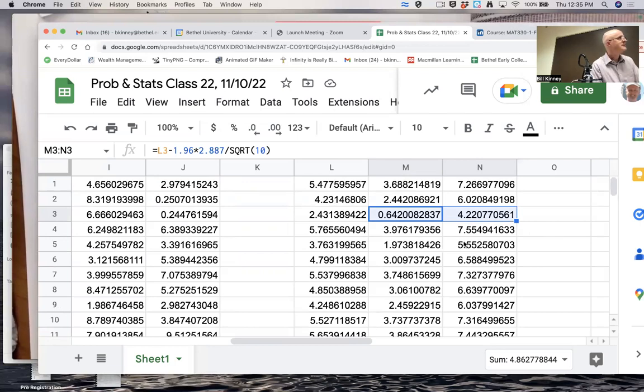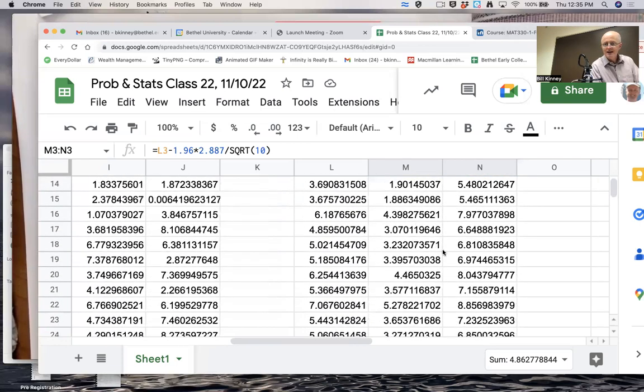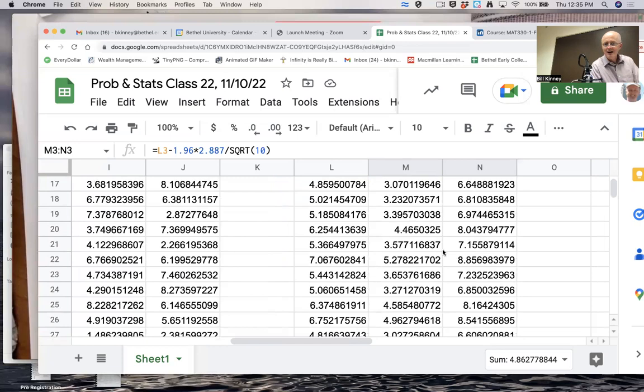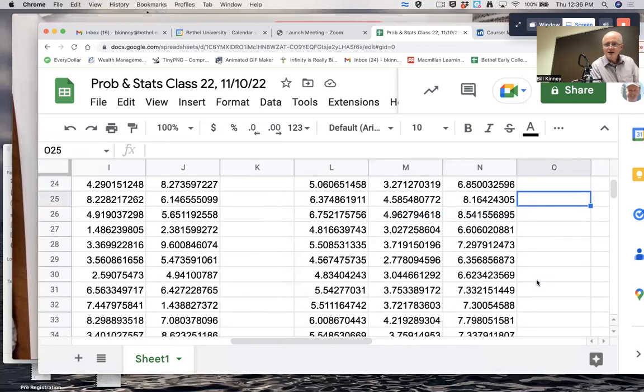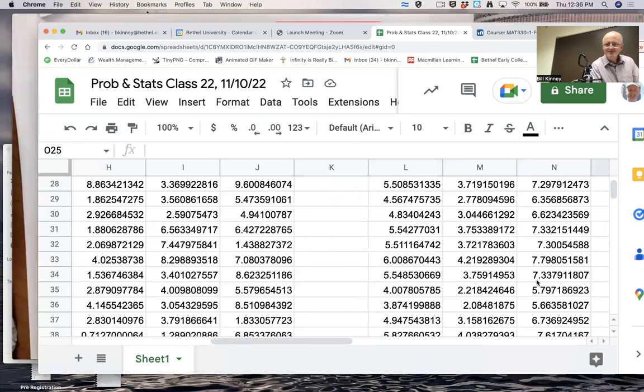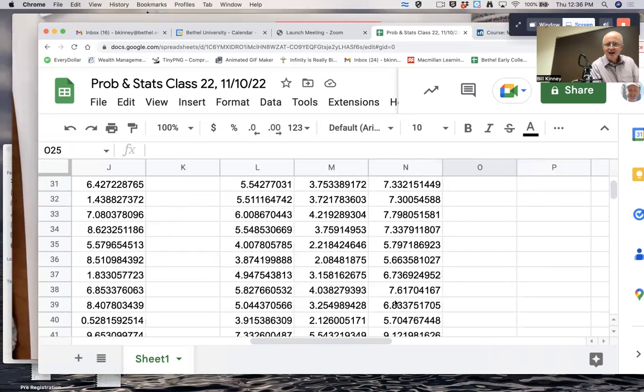Maybe there's a fancy way to use COUNTIF to count the number that do not, but I'm not quite sure how. Let's see if I can just visually do it. There's one. I'm probably going too fast. There's a second one. I got to look at both columns. That's the hard part here. Oh, almost there, but not quite. Oops. I don't know what happened there.